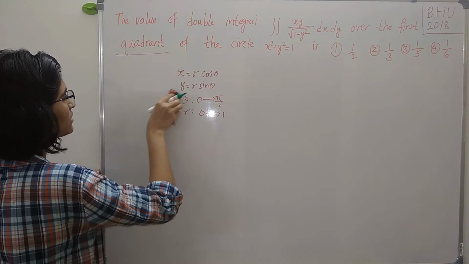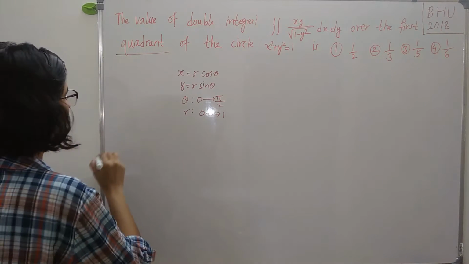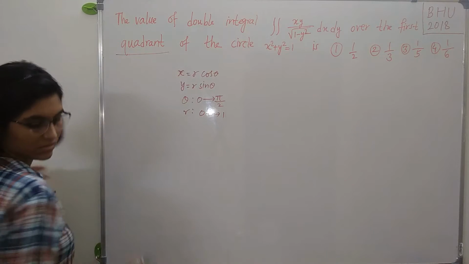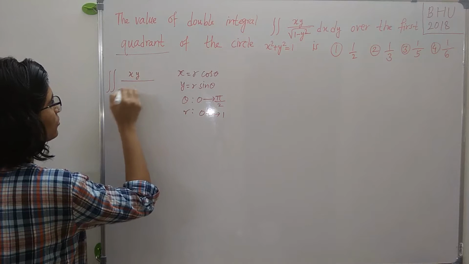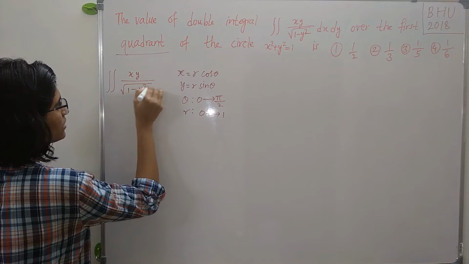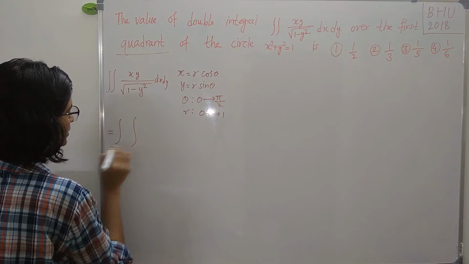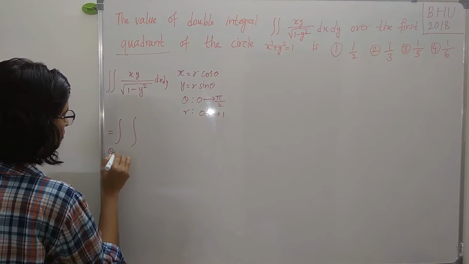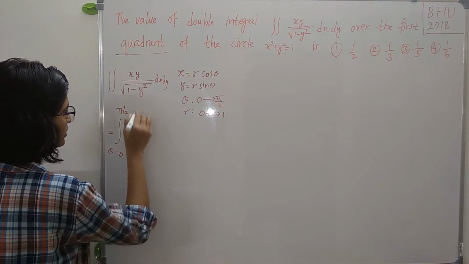Now under these polar coordinates, the given integral, let us write it, integral xy upon square root 1 minus y square dx dy is equal to integration theta from 0 to pi by 2, r from 0 to 1.